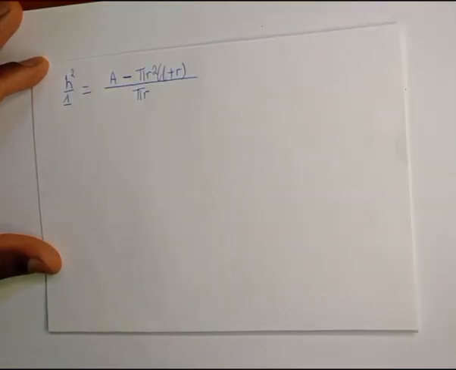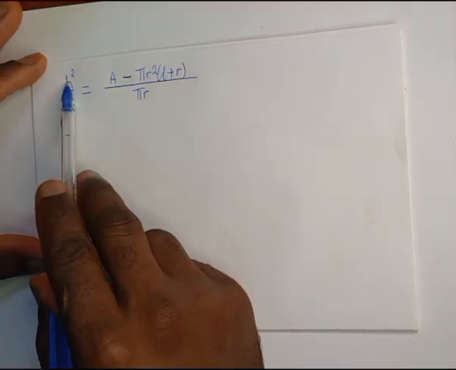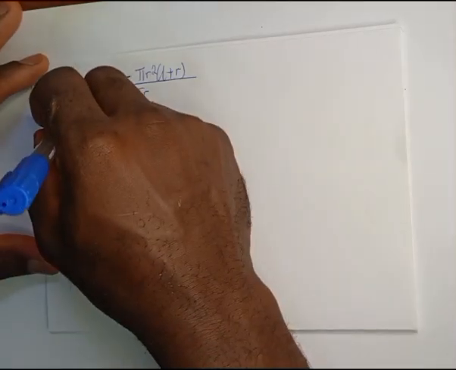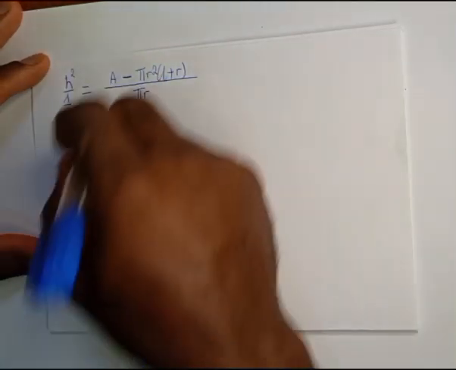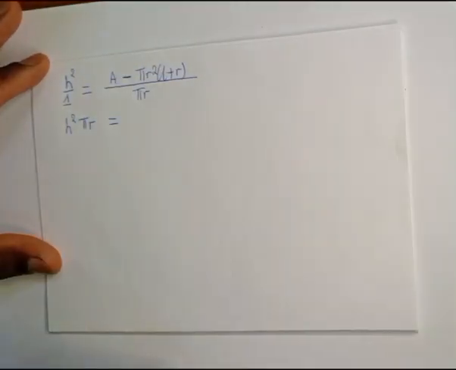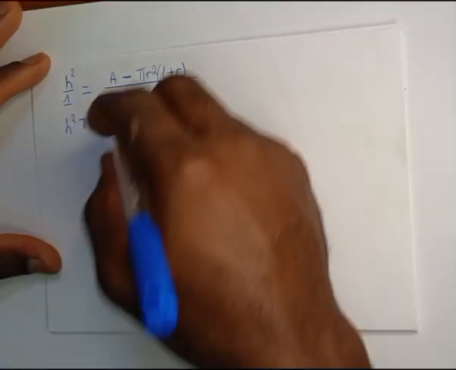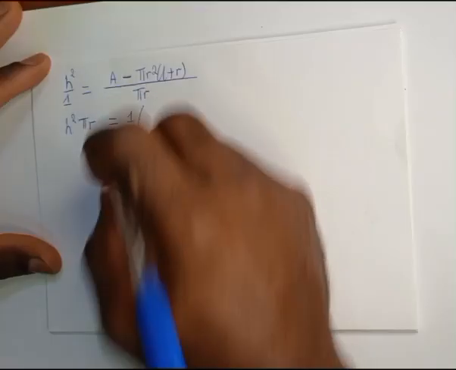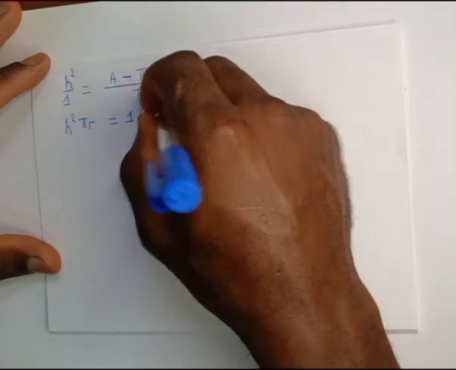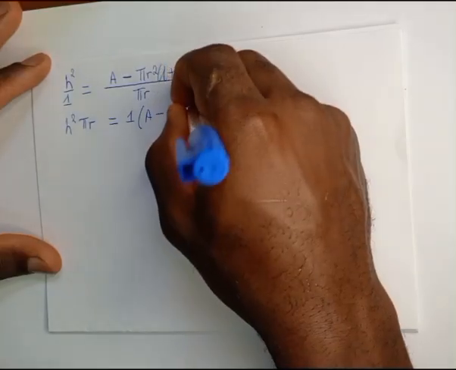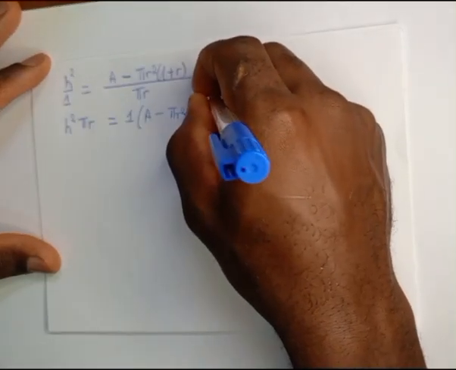At this level, what we are going to do is perform cross multiplication. This will give us h squared times pi r, this will give us h squared pi r to be equal to, take 1 times all what we have at the numerator here, 1 times A minus pi r squared times L plus r as such.